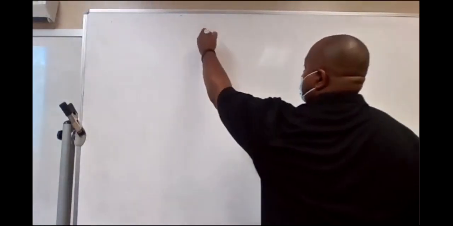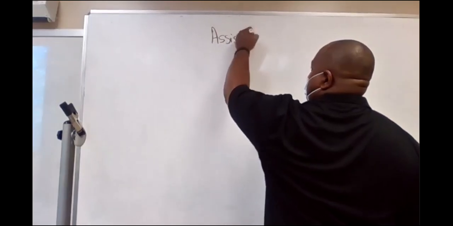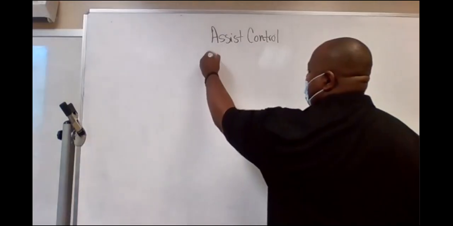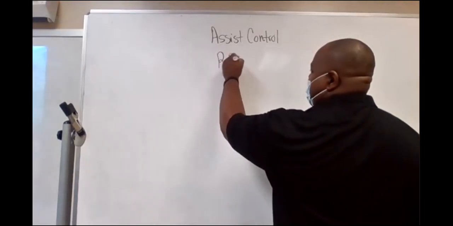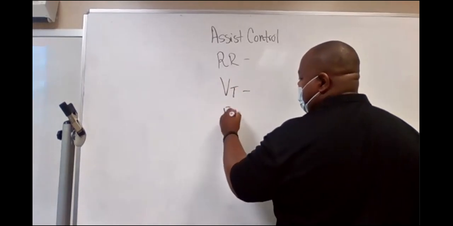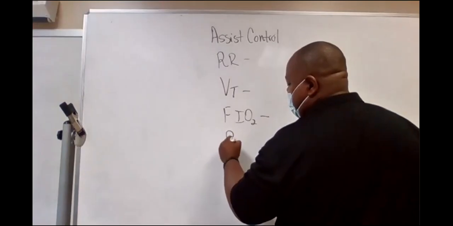All right, so assist control, guys, would be we would deliver, let's just say, air. Assist control would give a respiratory rate, a tidal volume, an FiO2, and a PEEP.